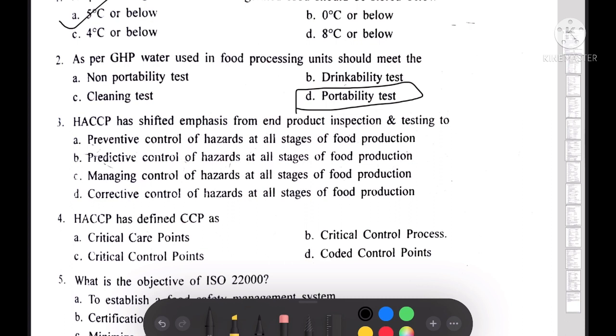The correct answer is preventive control of hazards at all stages of food production. Answer A is correct. Hazard Analysis and Critical Control Point, HACCP, is a systematic preventive approach to food safety from biological, chemical and physical hazards in the production process that can cause the finished products to be unsafe, and it designs measures to reduce these risks to a safer level.